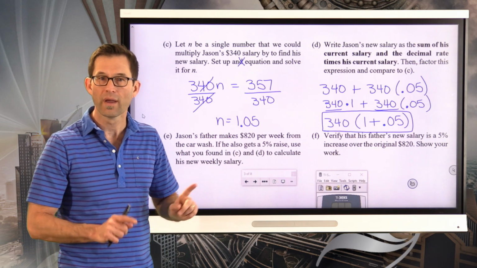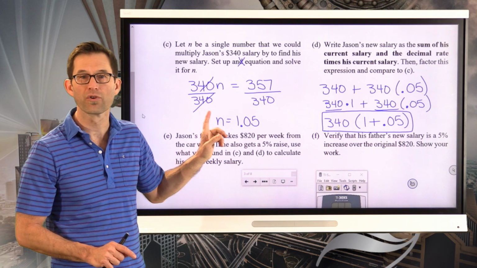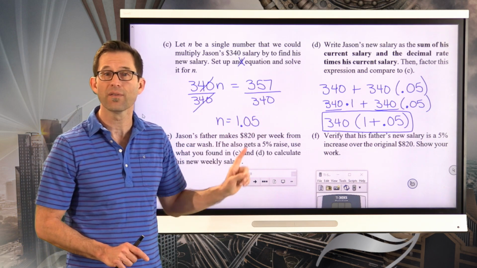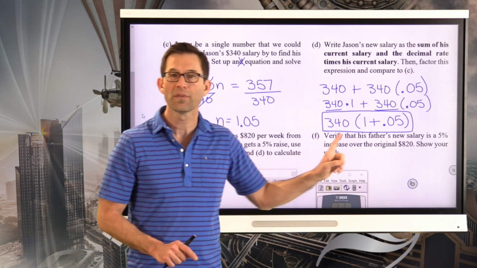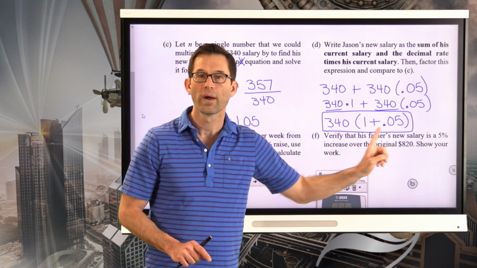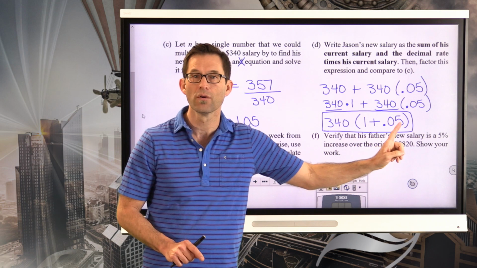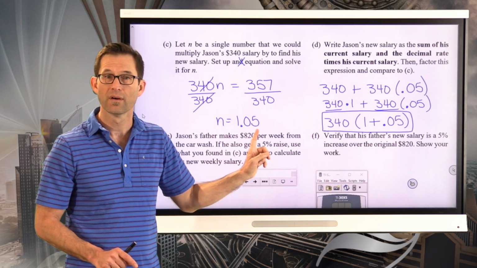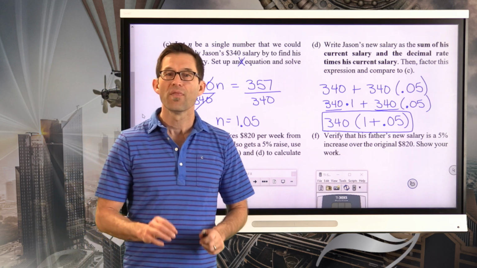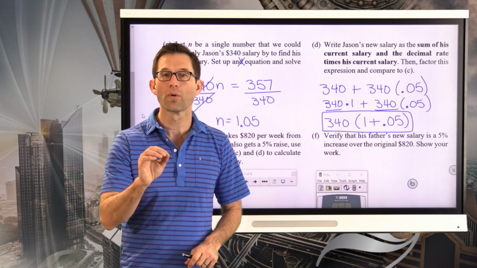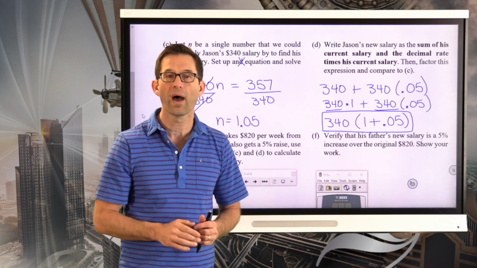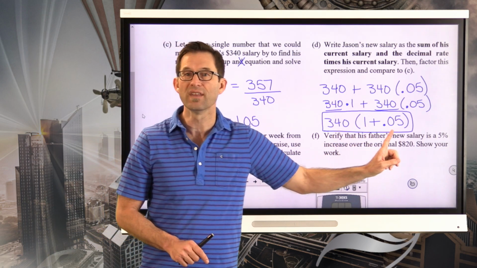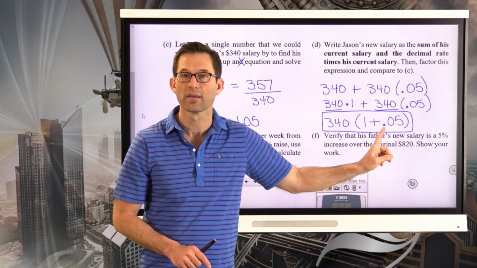Letter C asked us what number we could multiply 340 by to directly go to 357, and the answer was 1.05. But that's what we have in here. 1 plus 0.05 is 1.05. So it appears that to raise a particular number by 5%, all you have to do is multiply by 1 plus the decimal version of that percent.